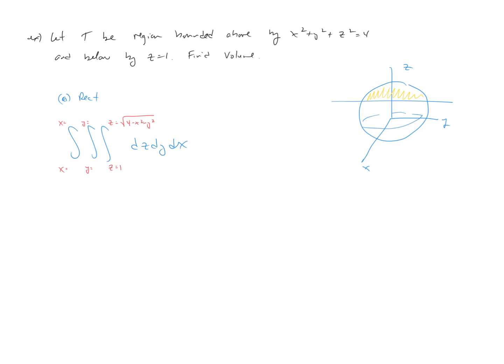Now, once we take this and go back into R2, we're going to need to figure out what the trace is going to be in R2 on the xy plane. And so you can see this is z equals 1. So if I let z equals 1 right there, subtract that over, that's going to give me x squared plus y squared equals 3.